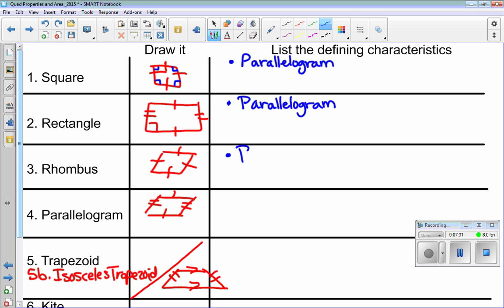It will also apply to a rhombus. Okay? Let's say that one more time. Anything that we list under parallelogram is also true for those three. And guess what? For a square, it's also a rectangle, and it's also a rhombus.